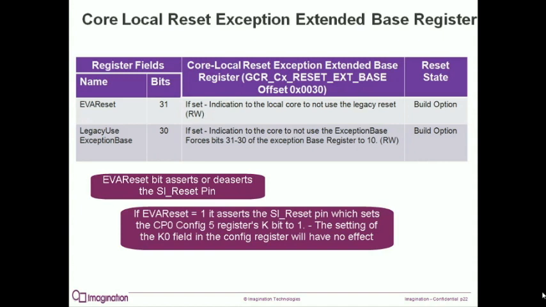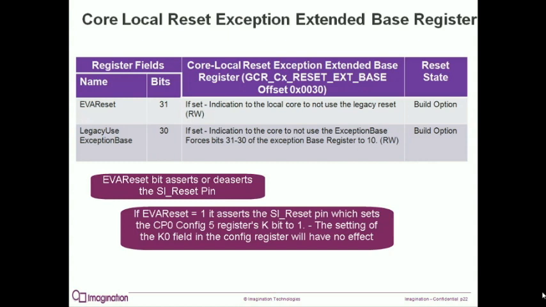If the EVA reset bit is set, then SI EVA reset pin will be asserted at boot time, and the K bit will be set and unchangeable. This means that the state of the core is not legacy compatible and can never be set for legacy compatibility.